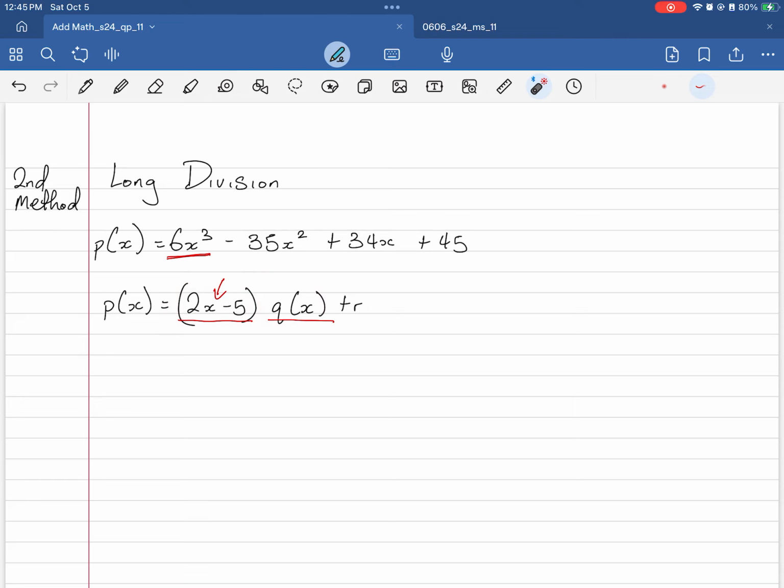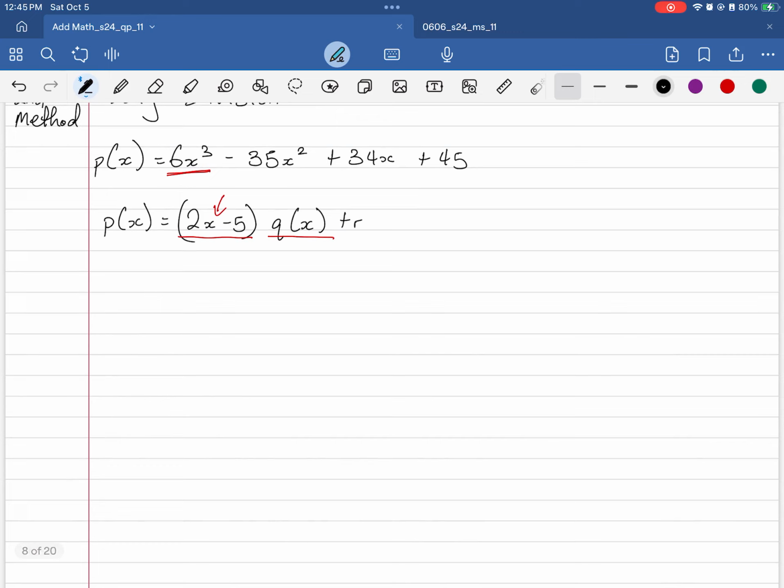So r is going to be the remainder. If you practice long division a lot of times, remember that. So we can divide 6x cubed minus 35x squared plus 34x plus 45 by 2x minus 5.